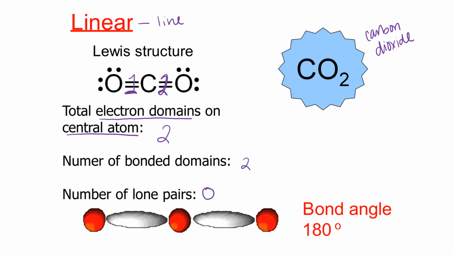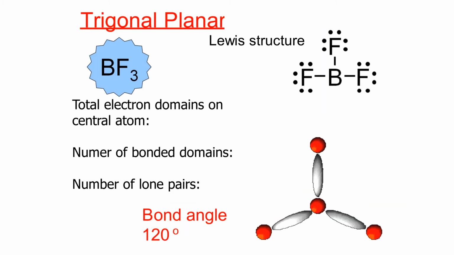Because they're both bonded, they're going to repel with equal amounts of force. And if they're repelling each other with equal amounts of force, we're going to end up having an overall bond angle of 180 degrees. So here's our next molecular shape. It's what we're going to call trigonal planar.